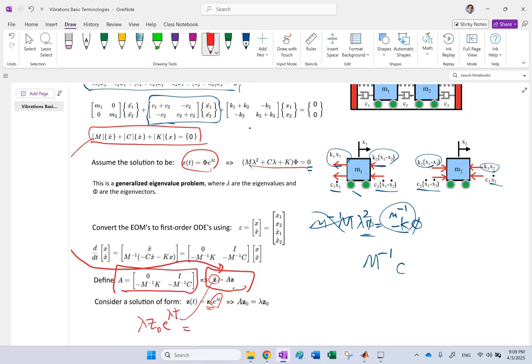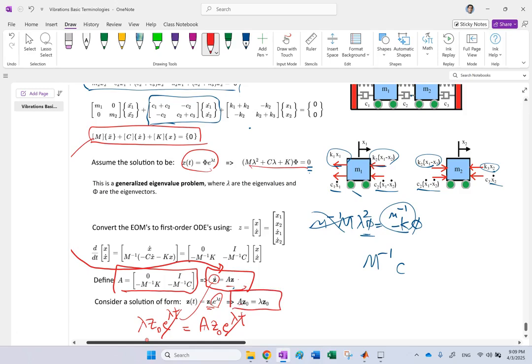Now this is equal to A times z, and A times z means A z naught e to the lambda t. That is A z naught. And then look what? This e to the lambda t, which is not 0, I can simplify, and I get A z naught equals lambda z naught. And this is a simple eigenvalue problem that we know how to solve.